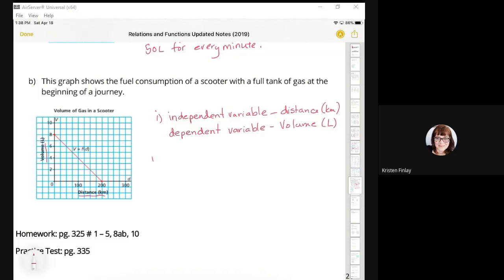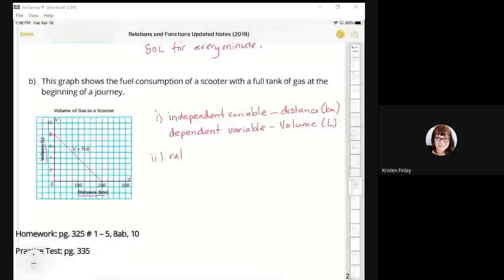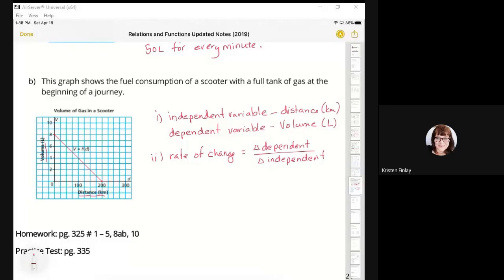So then it wants our rate of change, or same thing, slope. So it's going to be our change in dependent over the change in independent. Another way of expressing it. So if I look at the beginning, I start with 8 liters and I go down to nothing.